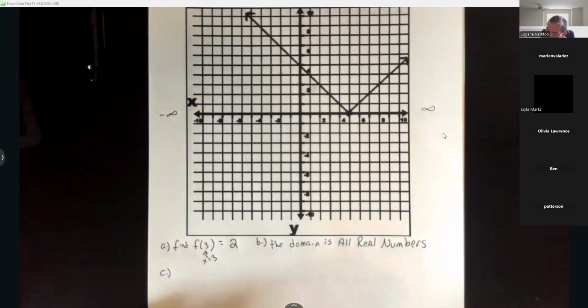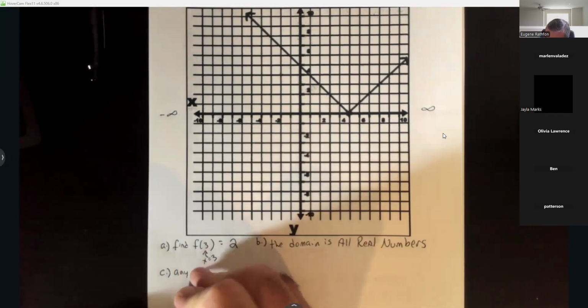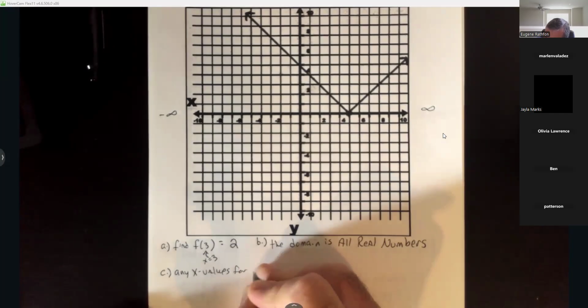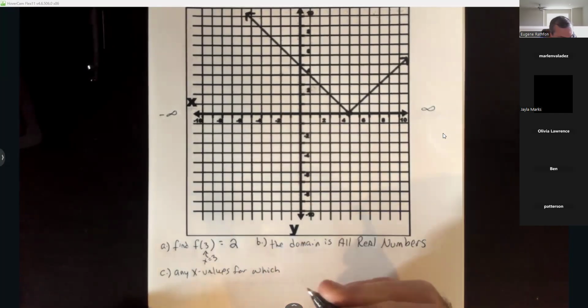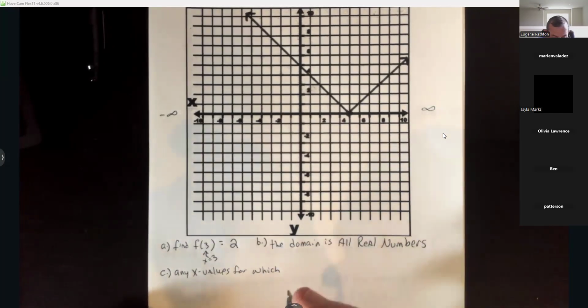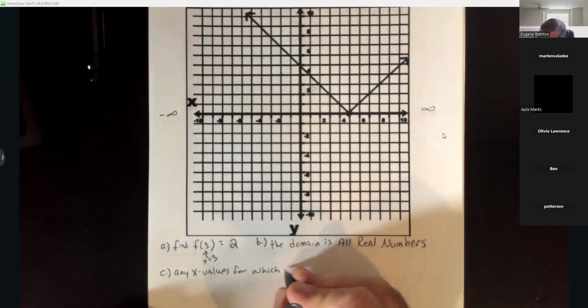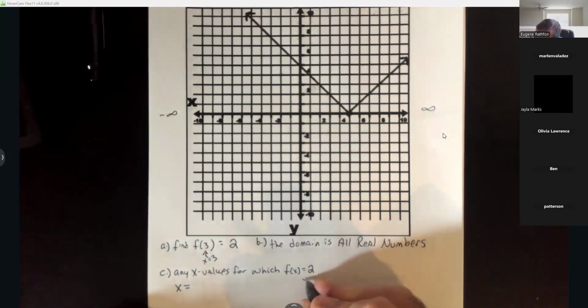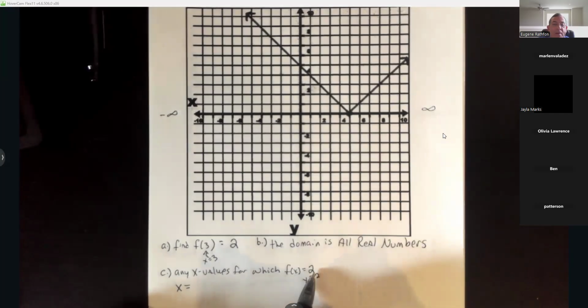All right, y'all, look at this one. Any x values for which f of x equals 2. So it's going to be x equals blah, blah. Remember, they're giving me the y value here. They're telling me the y value is 2. So they want me to find the x's that have a y value of 2.